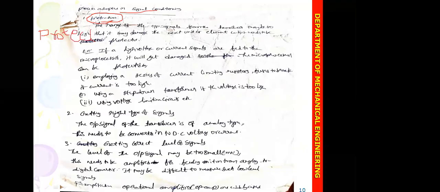I think all of you know protection, right? Here, the output signal from the transducer is very high, and it creates damage to the next component or element. So that is called protection.